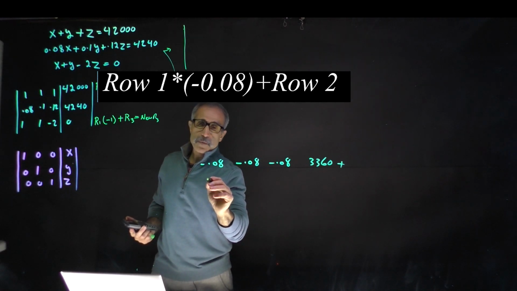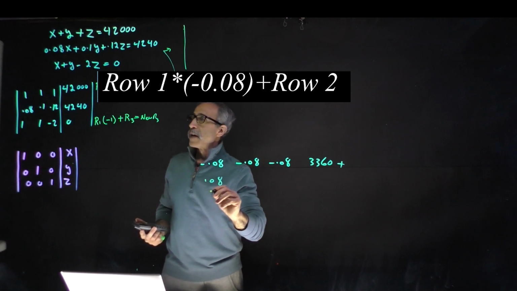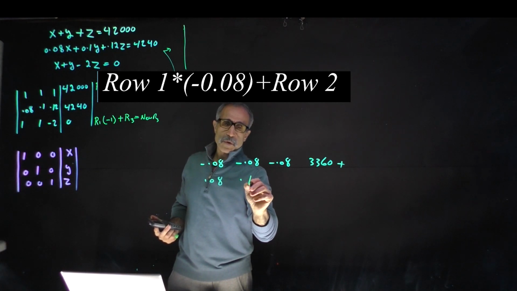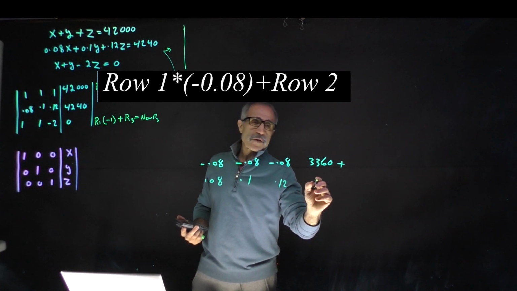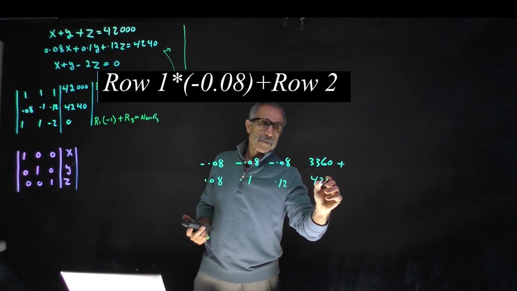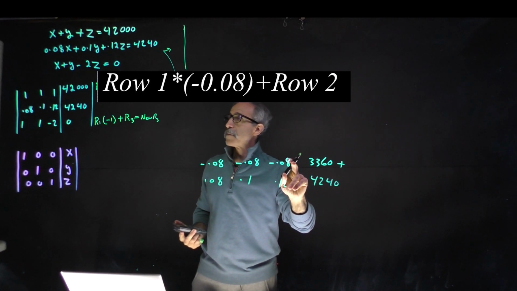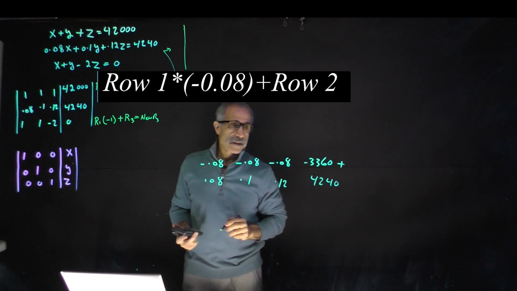So now if I add this to that row right here, I got 0.08 plus, and then 0.1 plus 0.1, and then I have 0.12, then I have 4240. Of course, this is a negative number, so that should be a negative right there. Forgot about that.